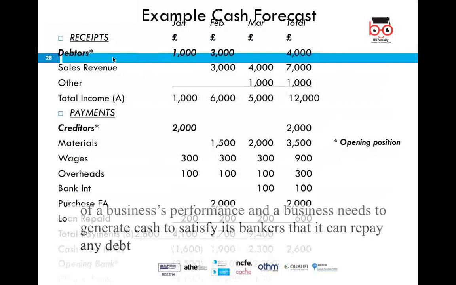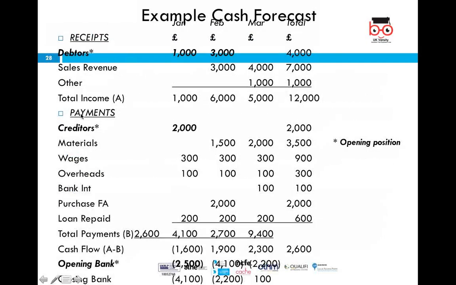A typical cash flow statement shows receipts and payments, because our balance sheet, or statement of financial position, depends completely on the assets and liabilities. That amount always goes to the balance sheet.